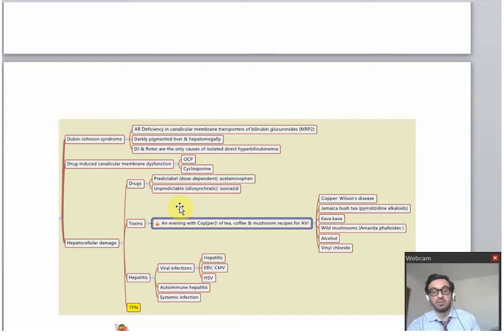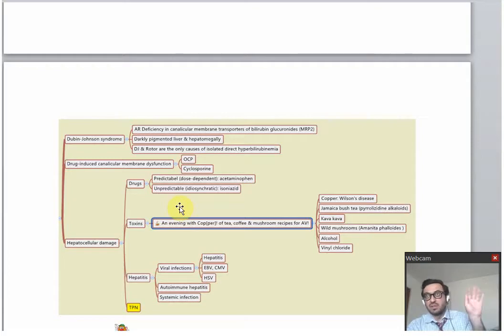I know you know Dubin-Johnson and Rotor are diseases associated with canalicular membrane transporter damage. But do you know drugs that can impair this transporter? This is important: OCPs and cyclosporin. Pay attention that we are not talking about hepatotoxic drugs.